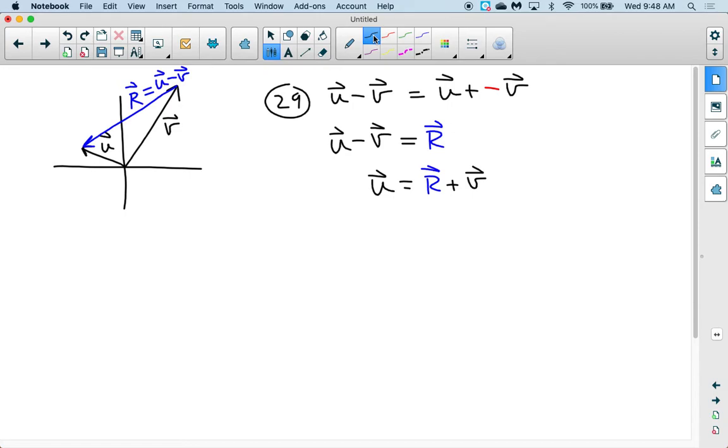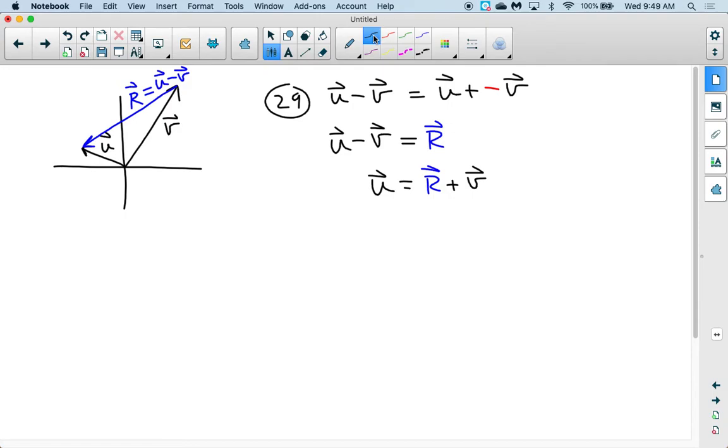If you're ever wanting to add or subtract two vectors, the easiest thing to do is to first put them in a position where they have the same initial point. They don't both have to be in standard position if you're just drawing a picture. Here, let me give you an illustration.